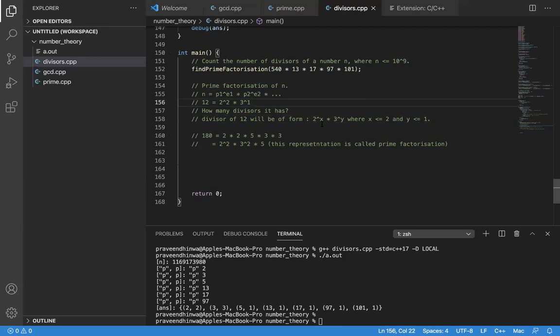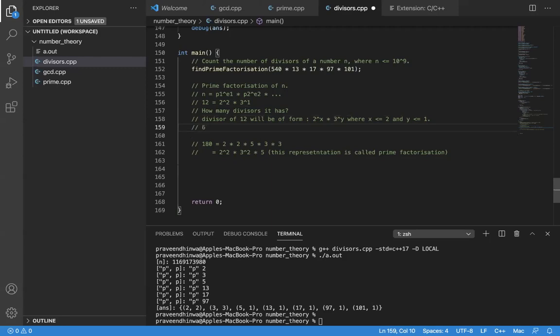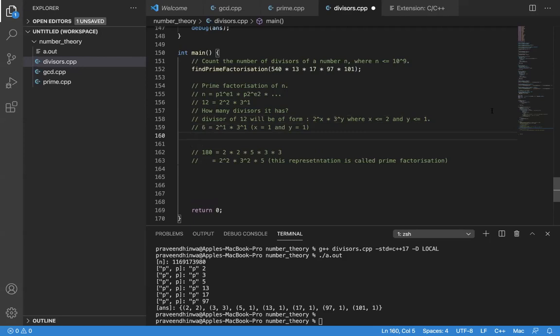So you can see that 6 is a divisor of 12 and you can write 6 as 2 times 3. So in this case, x is equal to 1 and y is equal to 1. Can x be negative? No. The smallest possible value of x is 0.